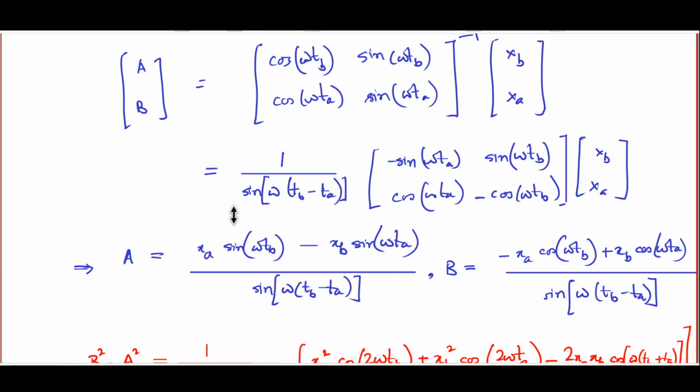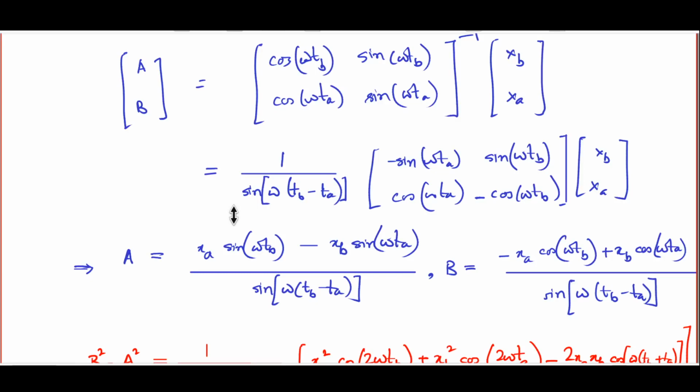And if you are half a time period apart, then xa and xb have to be related to each other by a particular relationship. Otherwise, there is no possible solution to this problem. In other words, the boundary value problem, even in classical mechanics, breaks down under such a situation.